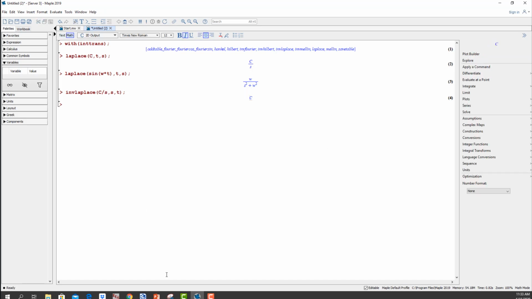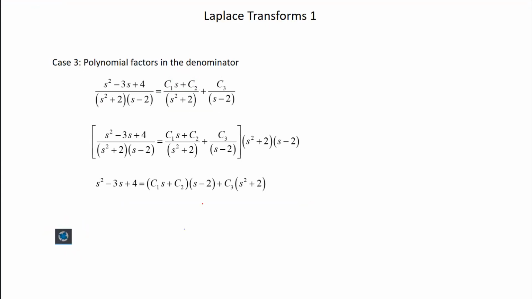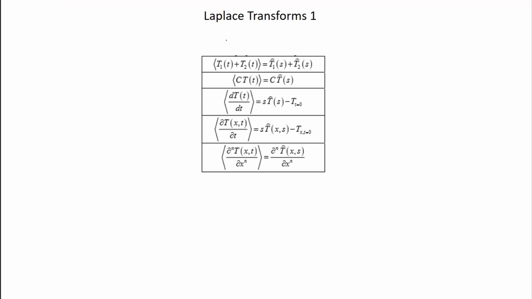Okay, here are some useful properties of the Laplace transform. We're not going to prove these. We'll just take these as fact. If you take 764, we'll actually prove some of these, the more important ones. The first one basically says that if you're taking the inverse Laplace transform of the sum of a whole bunch of terms, you can do it term by term, right?